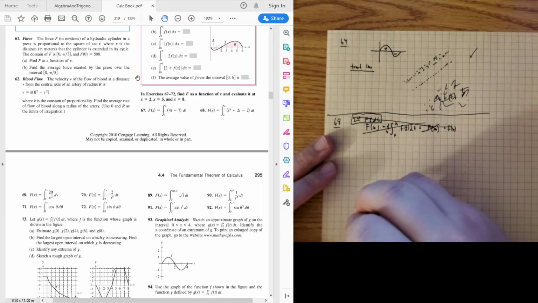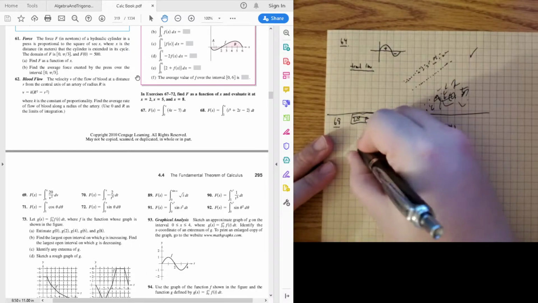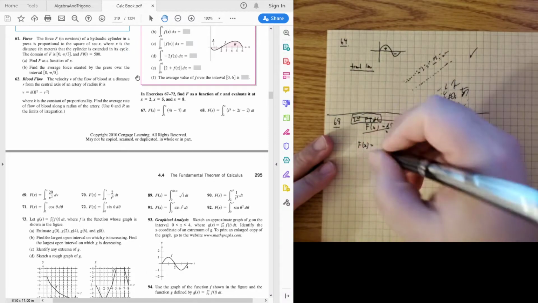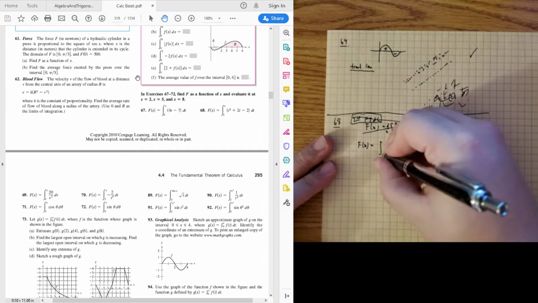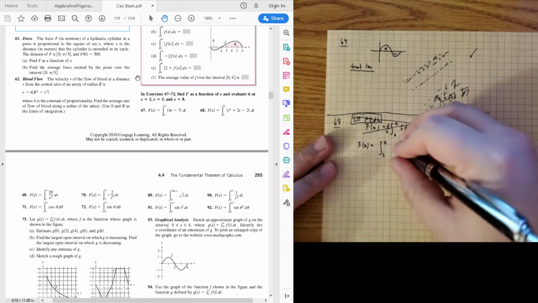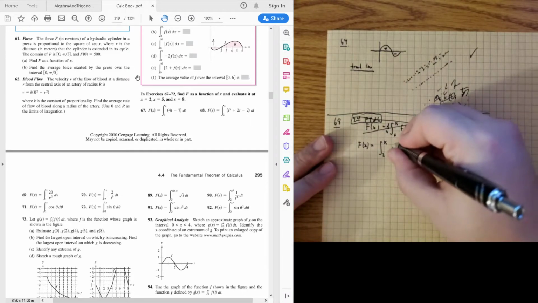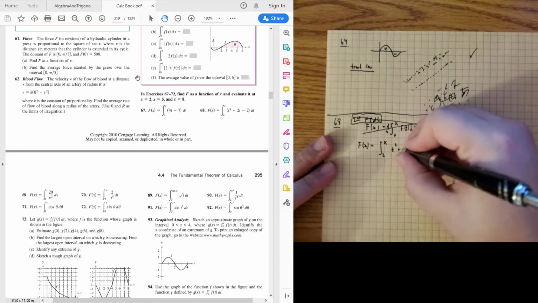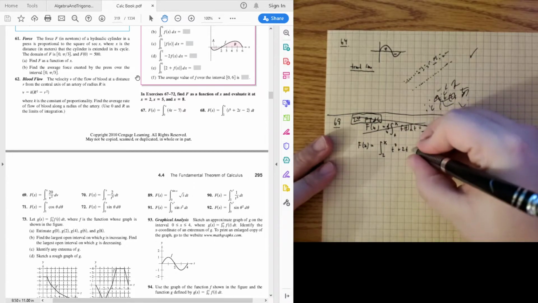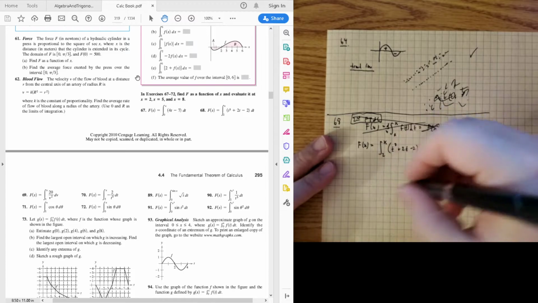All right, let's now look at 68 with fresh eyes. f of x is equal to the integral from 2 to x of t cubed plus 2t minus 2 dt.